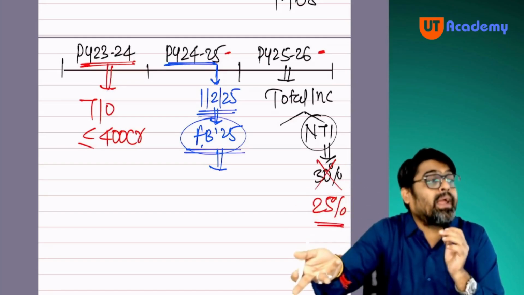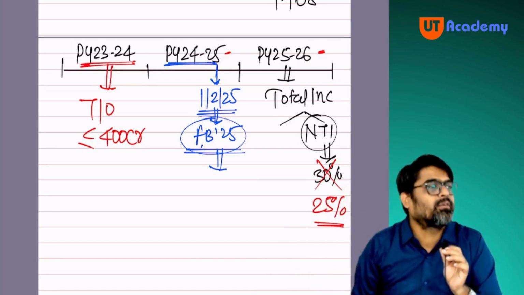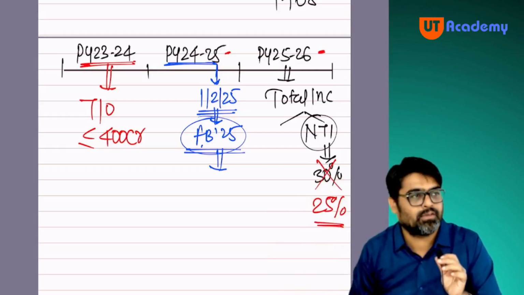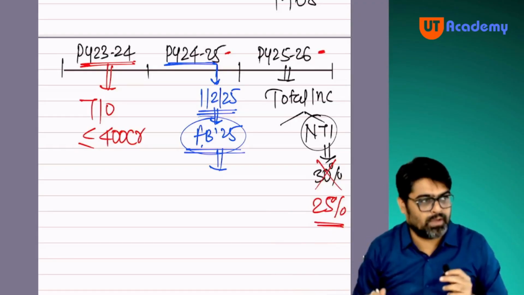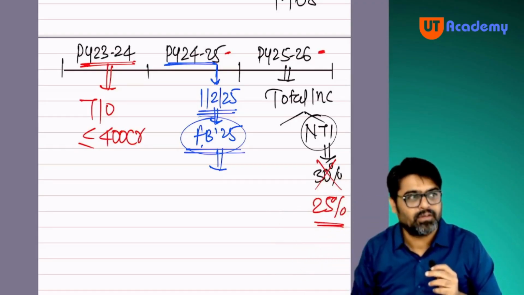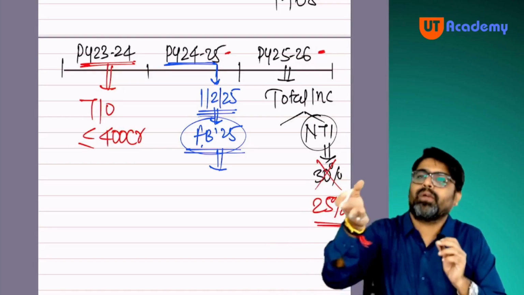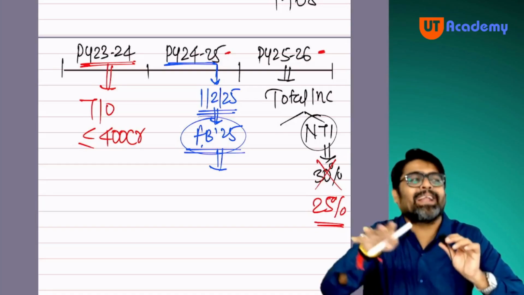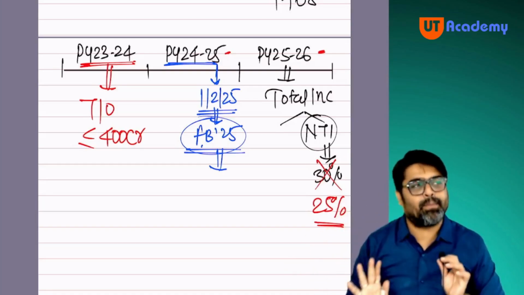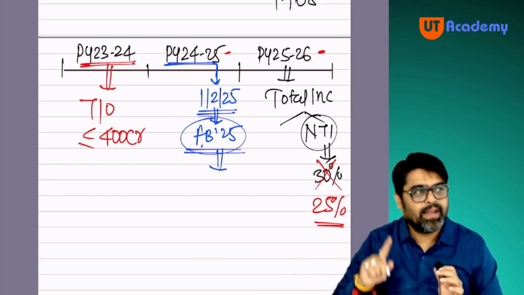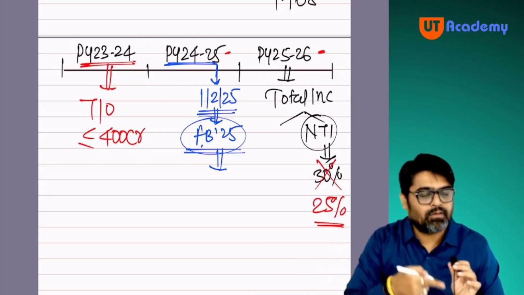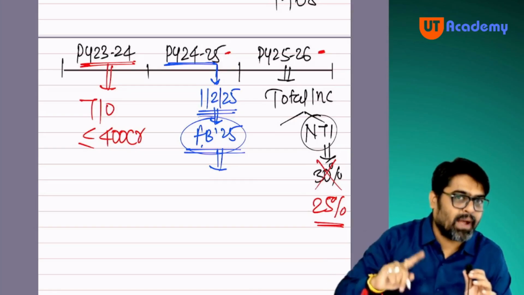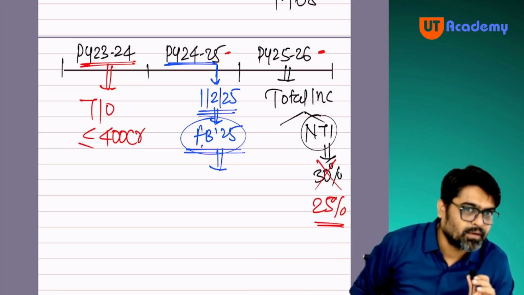So if in the Finance Bill only they are saying that next year your tax rate will be 25%, provided the turnover for next year is 400 crores or less. In advance only, you are telling the companies that if in the next year your turnover is 400 crores or less, then we will apply the 25% rate. In advance, the government is giving the opportunity to the companies to manipulate their turnover.